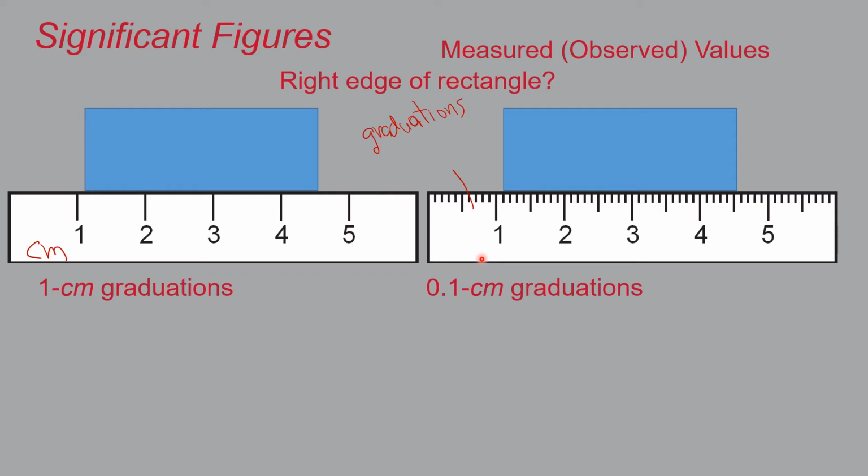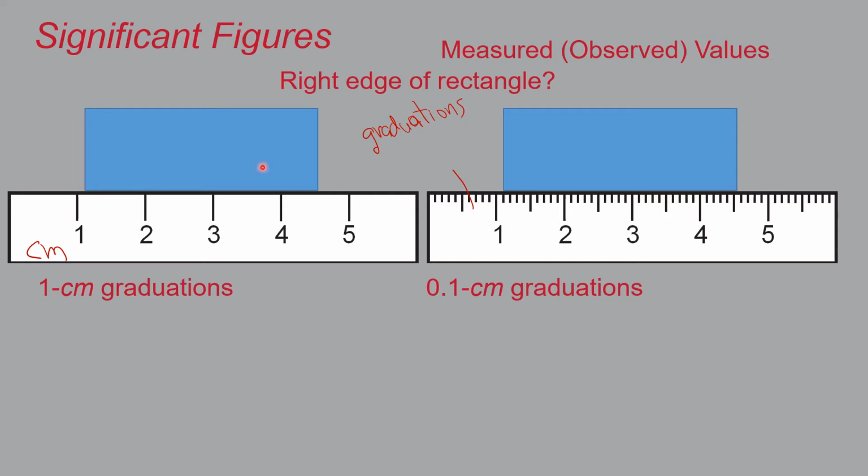Now, how is that reflected? Let me ask you to write down, or to think about, let's go back to our bad ruler here. What would you write for your answer? What is the position of the right edge of the rectangle? Now, I would often have people come up on the board and write this.